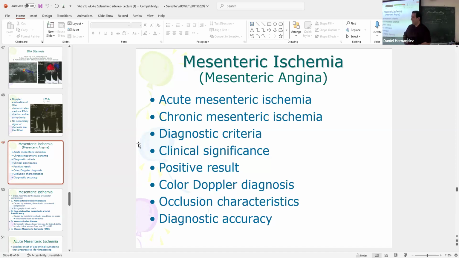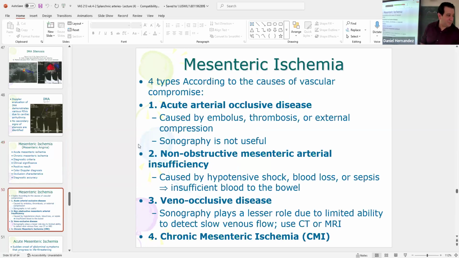So we're going to go over diagnostic criteria, significance, and results. There are four types of vascular compromise when we're talking about mesenteric ischemia.